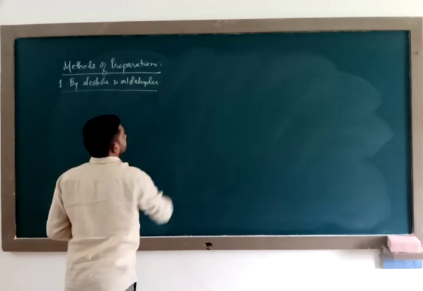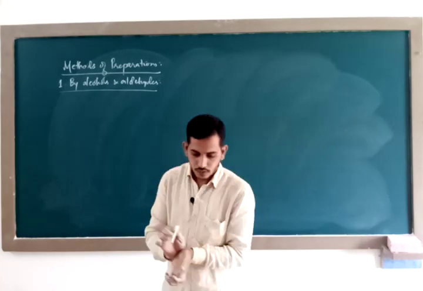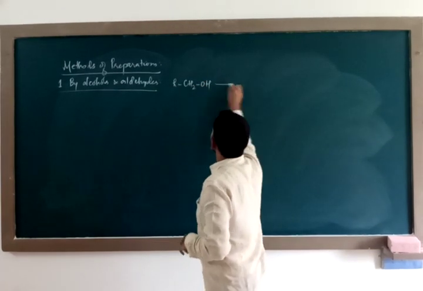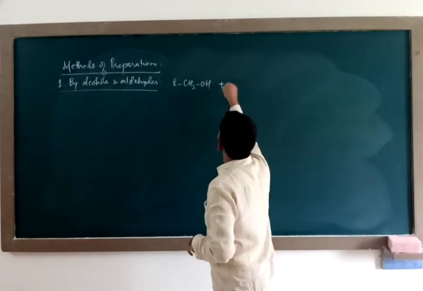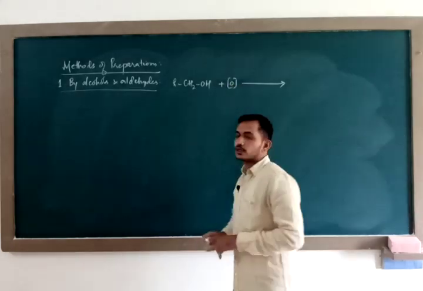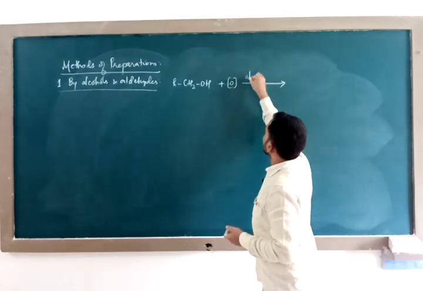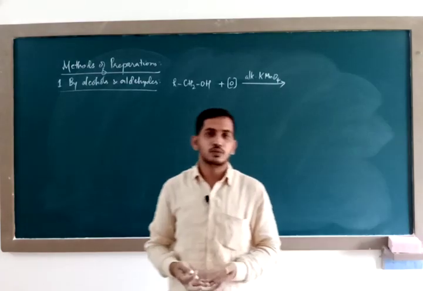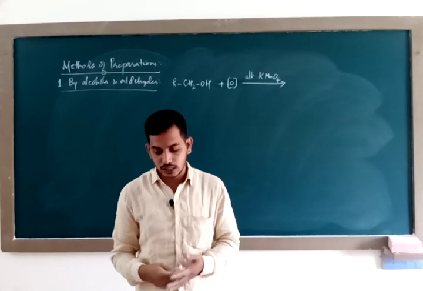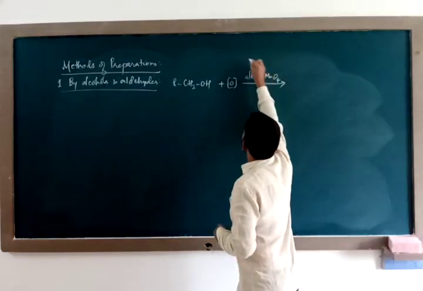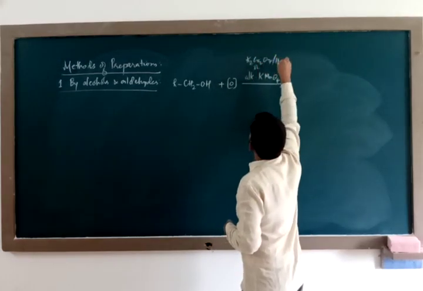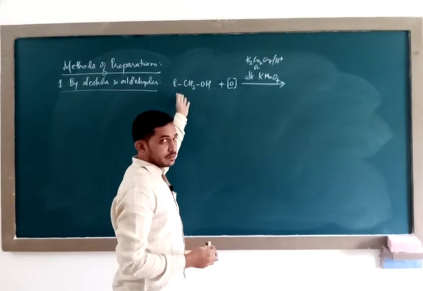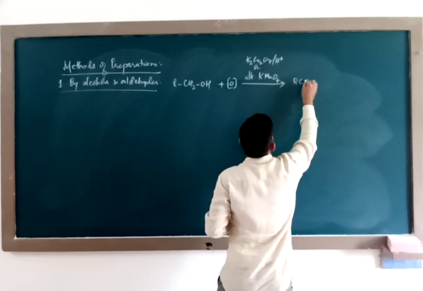In this method, you take any alcohol. If the alcohol RCH2OH is subjected to oxidation, in the presence of oxidizing agents like alkaline KMnO4 or neutral KMnO4 or acidic KMnO4, in any form potassium permanganate is a good oxidizing agent, or else acidified potassium dichromate, or else chromic oxide, any of them you choose, they will oxidize a given alcohol to give you carboxylic acid.